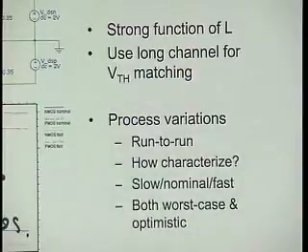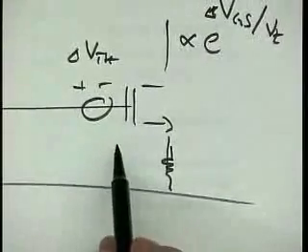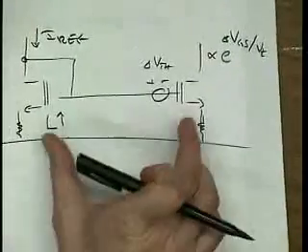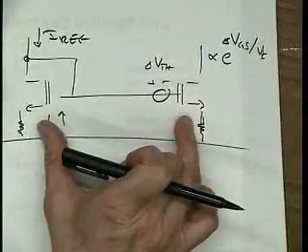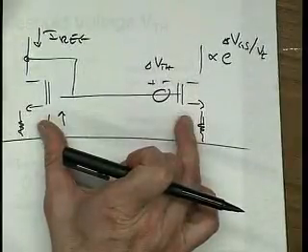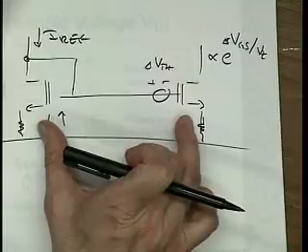For example, if we look at this current mirror here, the problem wasn't that these devices had a threshold voltage and what the value was of that threshold voltage. The problem was that they didn't have the same threshold voltage.